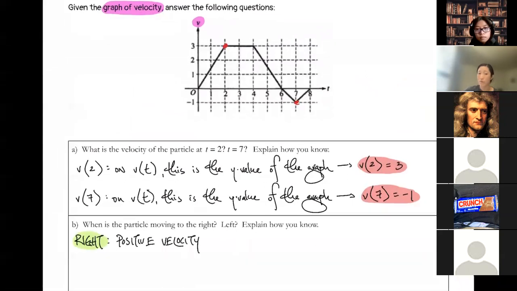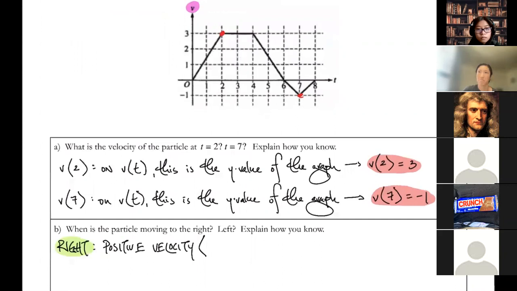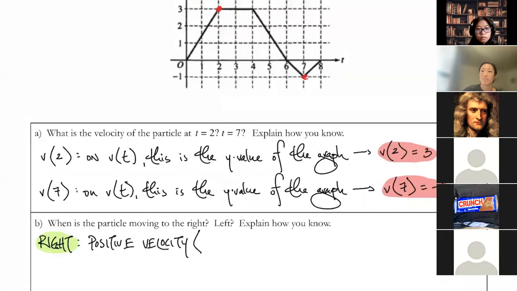Now, the rest of what we wrote down earlier was only true when we were looking at the position graph. So I'm wondering if someone can tell me what positive velocity looks like on a graph of velocity. I have one answer that says positive slope.